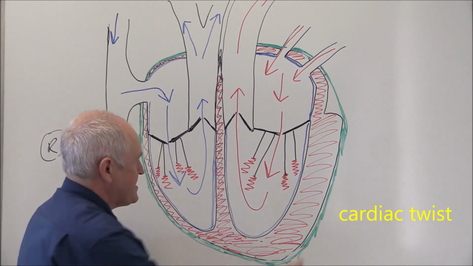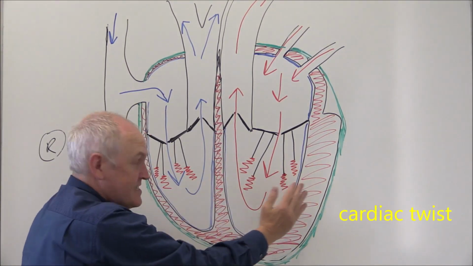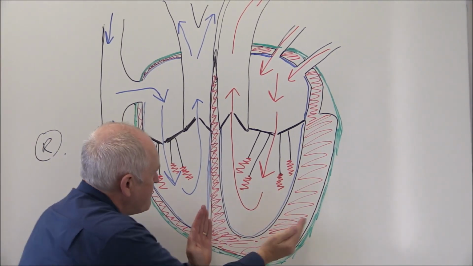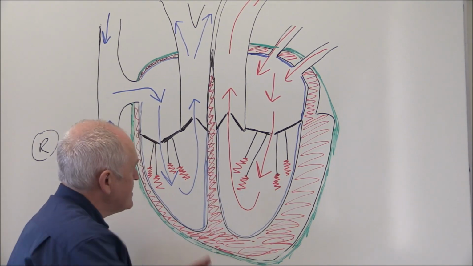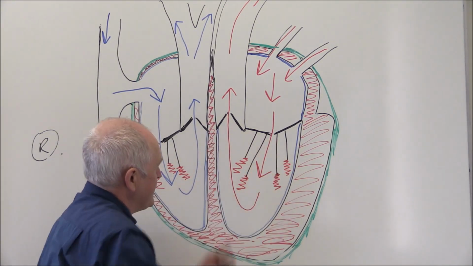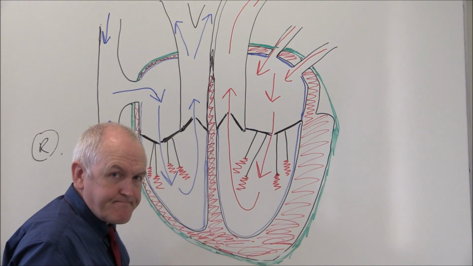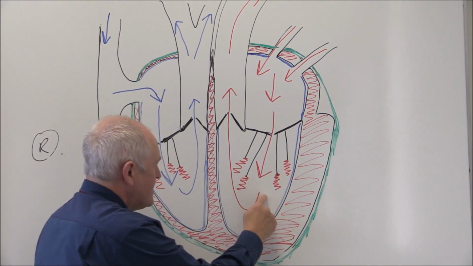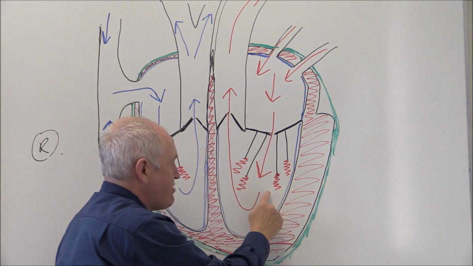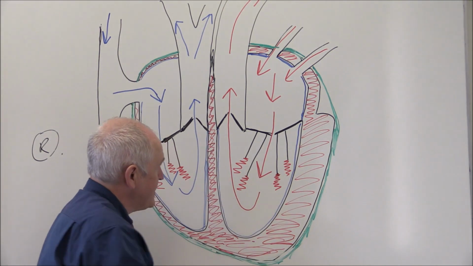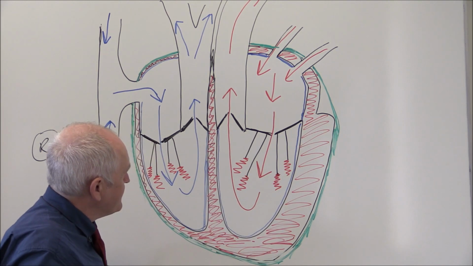But the effect of this inward, upward, and twisting movement means that the volume of the left ventricle is going to be quickly decreased. When you decrease the volume, that's going to increase the pressure of the blood in the left ventricle.